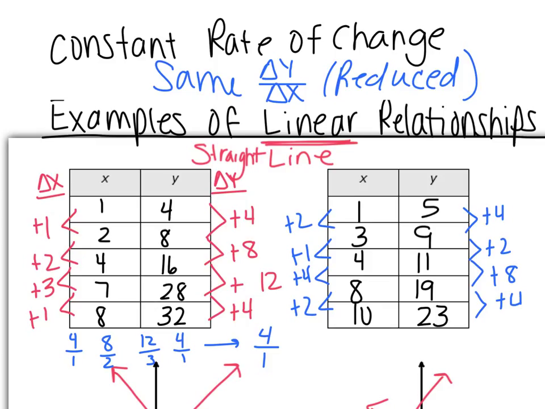So when I set this up again, we have 4 over 2, 2 over 1, 8 over 4, and 4 over 2. Again, none of them look the same, but when I simplify it down, they all simplify down to 2 over 1. Because they all simplify down to 2 over 1, that's what makes these two examples linear relationships. They both have a constant rate of change.